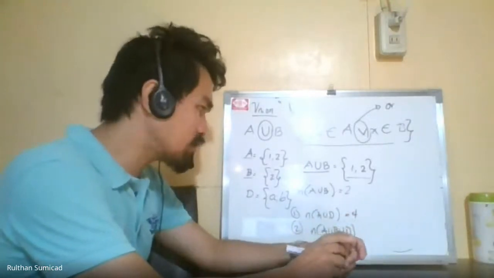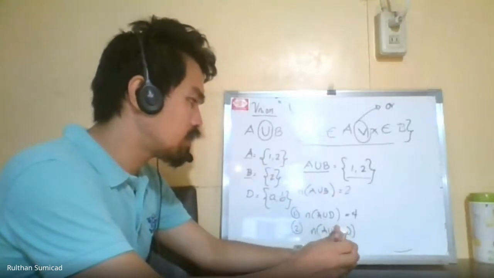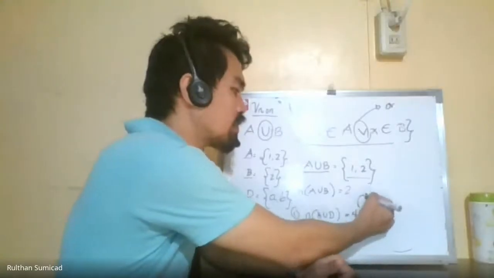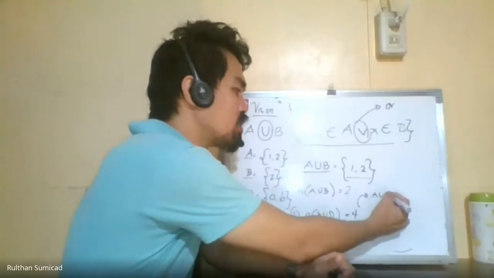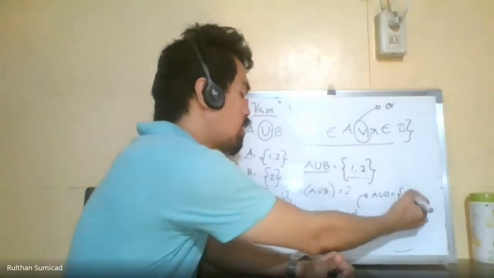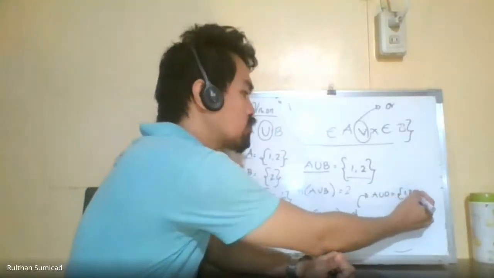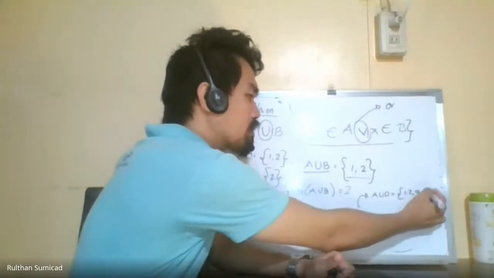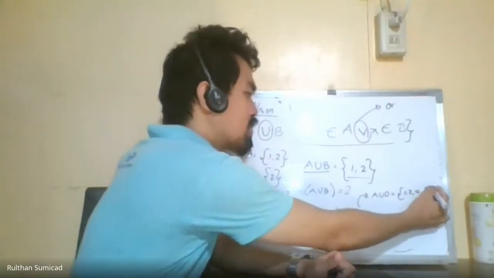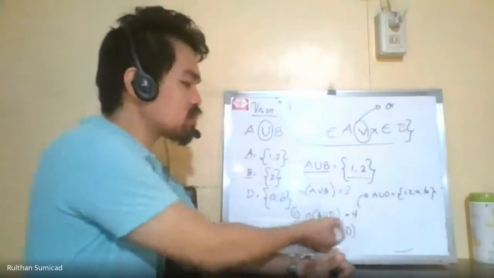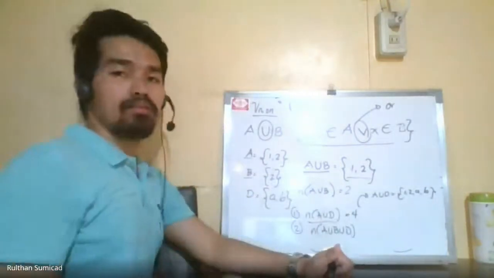Can you please tell us? 1, 2, A and B, sir. Okay, so in this case, A union D is simply the set containing one, two, A and B. Since there are four elements, the cardinality is four.